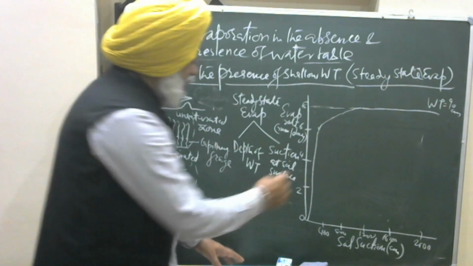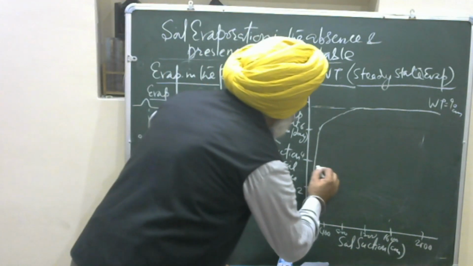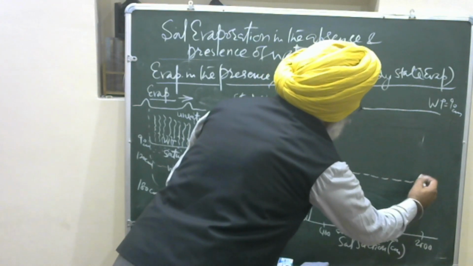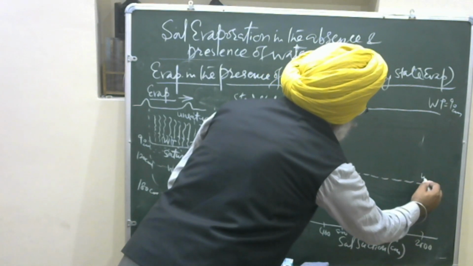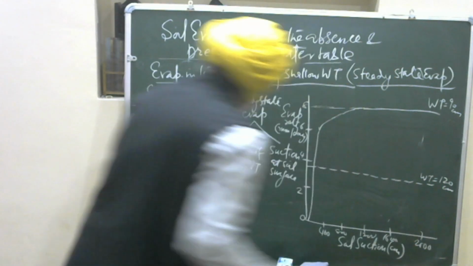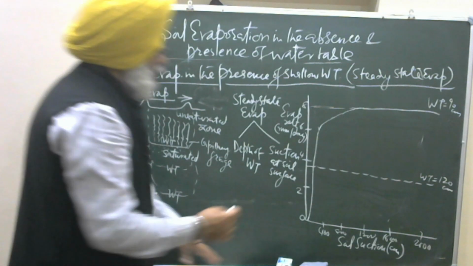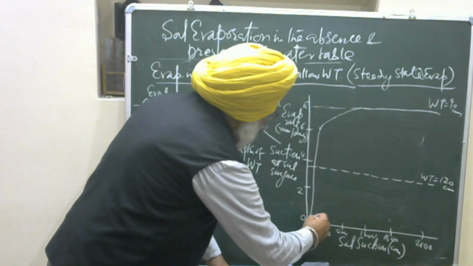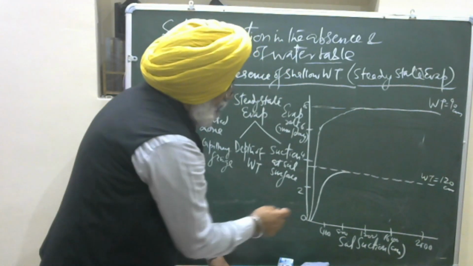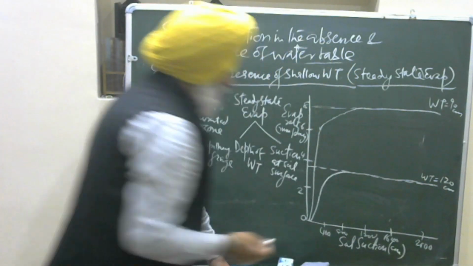Now if your water table is at say 120 centimeters, so this is your water table at 120 centimeters. So that means now water table has gone down. So in this case also there will be very small increase with the suction, and then it will become steady.